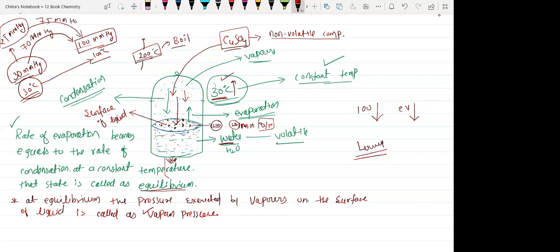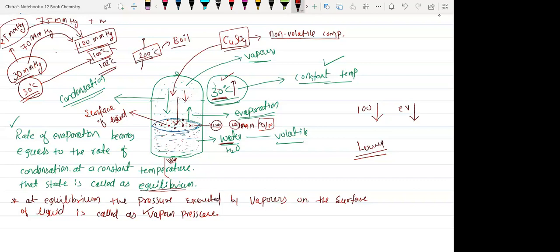That means we have to increase the pressure by an extra 5 mmHg, and for that we require extra temperature or extra heat. That means if water was boiling at 100 degrees Celsius, now the solution is going to boil around 102 degrees Celsius.